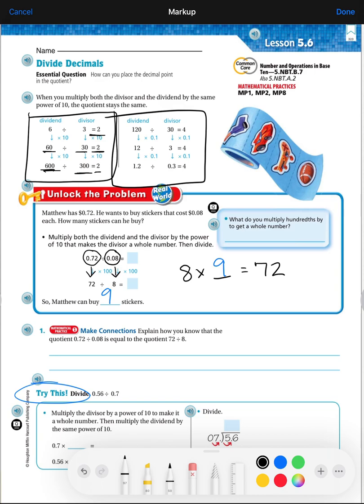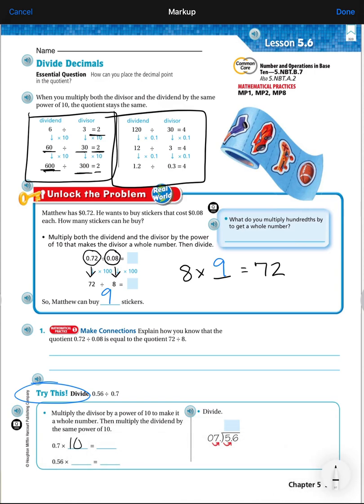So we're going to multiply 0.7 by 10, and that's going to make it a whole number of 7. And then we're going to multiply 0.56 by 10, and that's going to give us 5.6.